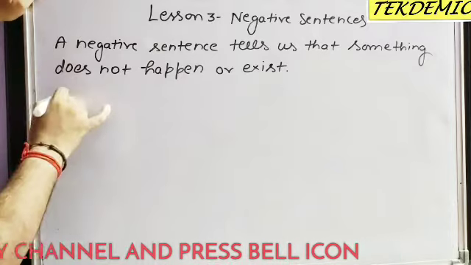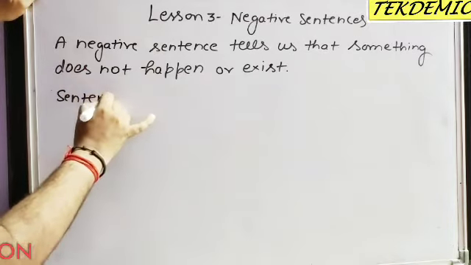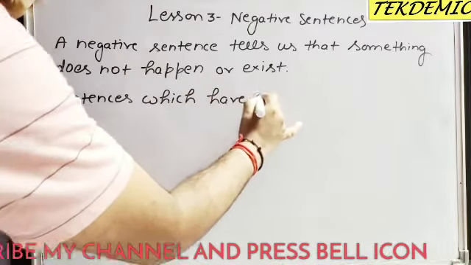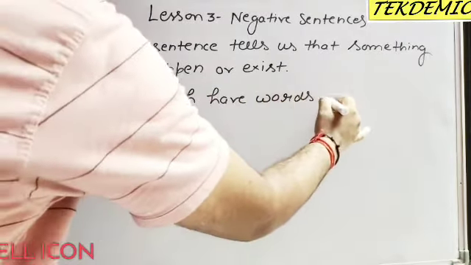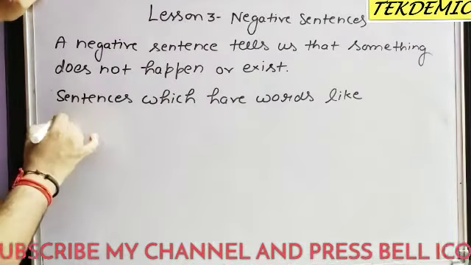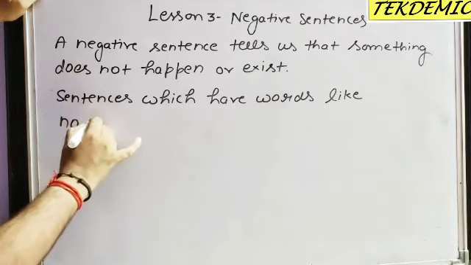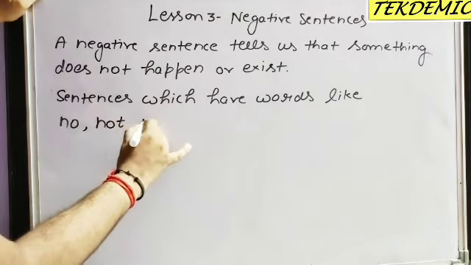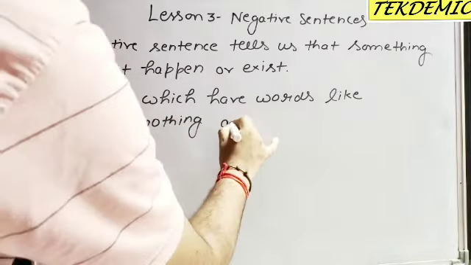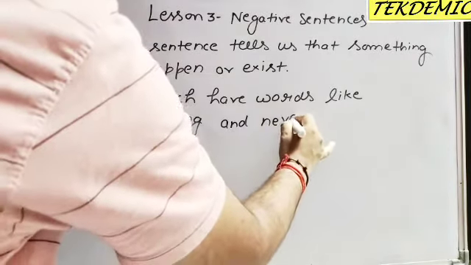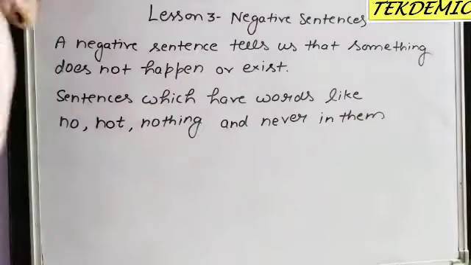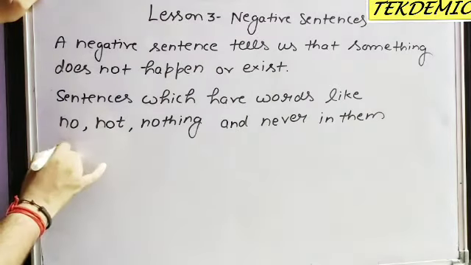Sentences which have words like, what are the words? No, not, nothing, and never in them are called negative sentences.